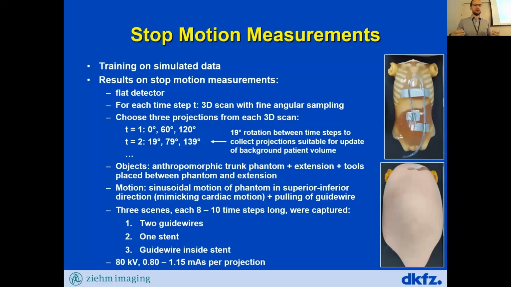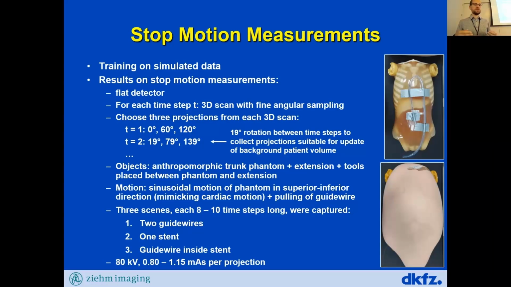And then retrospectively from each 3D scan, we chose 3 X-ray projections separated by 60 degrees to simulate this scan. So for the first time step, we used the projections at 0, 60, and 120 degrees.